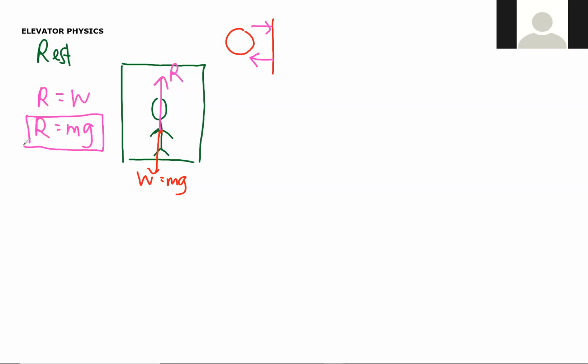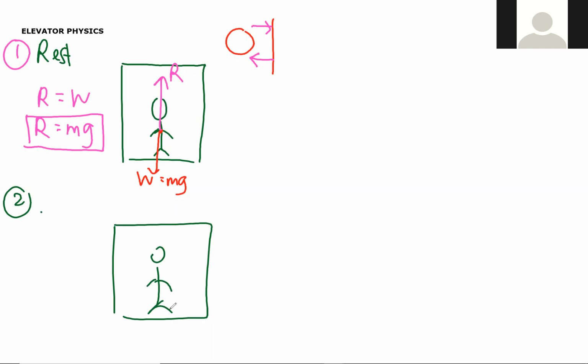Okay, now this is the first case. Second case, if the lift is moving with constant velocity, let's say moving up with constant velocity.